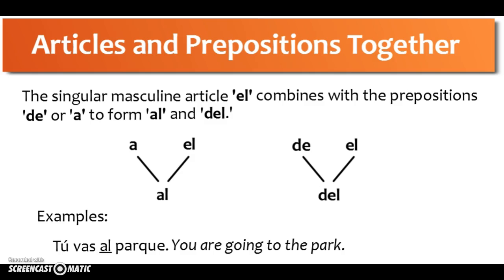One thing to remember, we've done this before, but just a quick review. When we put our articles and prepositions together, sometimes in Spanish we combine them. We have the case of a plus el or de plus el. A and el become al, and de and el become del, as in tú vas al parque. You are going to the park.